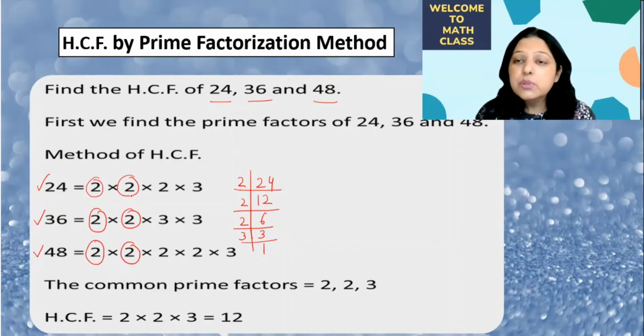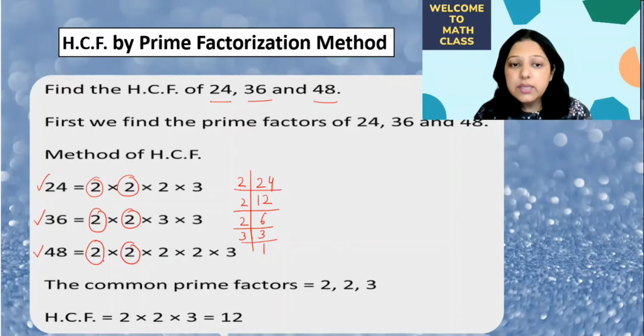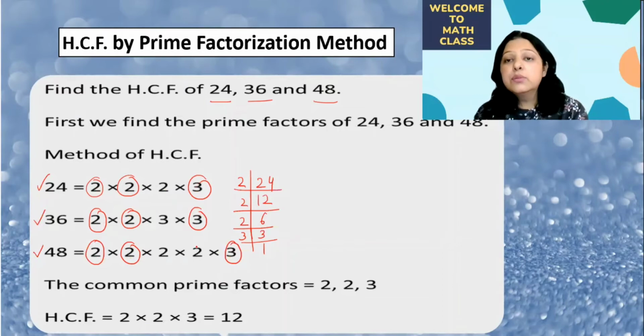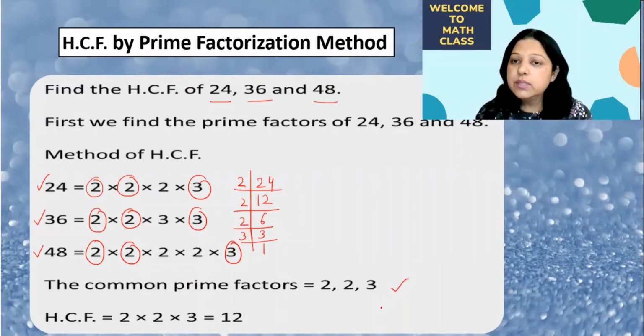And one more thing is also coming, that is 3. So 3 is also common. So first you circle the common things. Now you can see the common prime factors in three numbers are 2, 2, 3. So HCF will be the product of these. So the answer will be 2 into 2 into 3, 12.